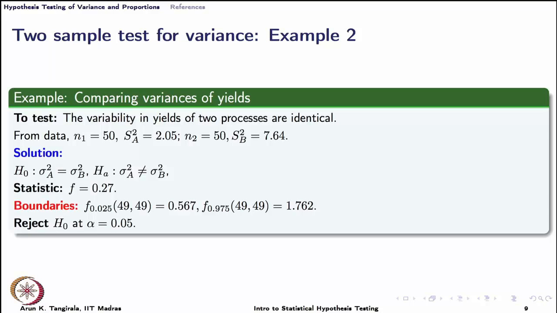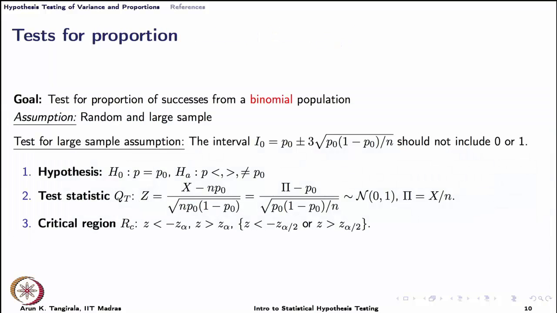Again, all the 3 point to the same result, which means we are doing things correctly. Reject the null hypothesis at alpha equals 0.05. I leave it as a homework exercise for you to see which process yields me lower variability. The data is with you, we are going to post it anyways, so you can play around with the data.